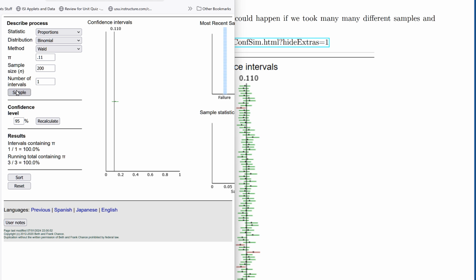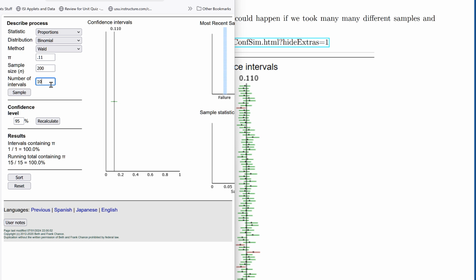If I draw another sample, notice I got a different sample proportion, and my confidence interval changed a little bit, but it still contains my true population proportion at 0.11. If I take a different sample, it moved again. And every time I take a different sample, notice that my confidence interval moves a little bit. But most of them, so far, have all been containing my true population proportion.